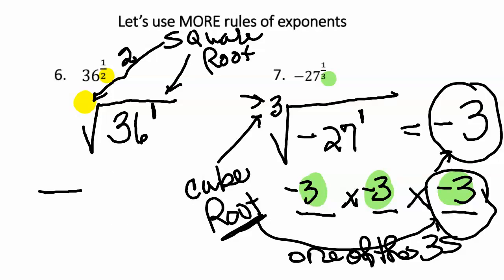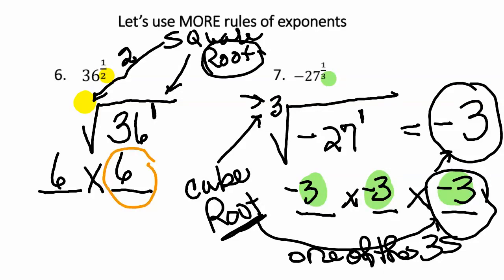I need a number times itself. 6 times 6. But my root is just one number. My root is 6. Okay.